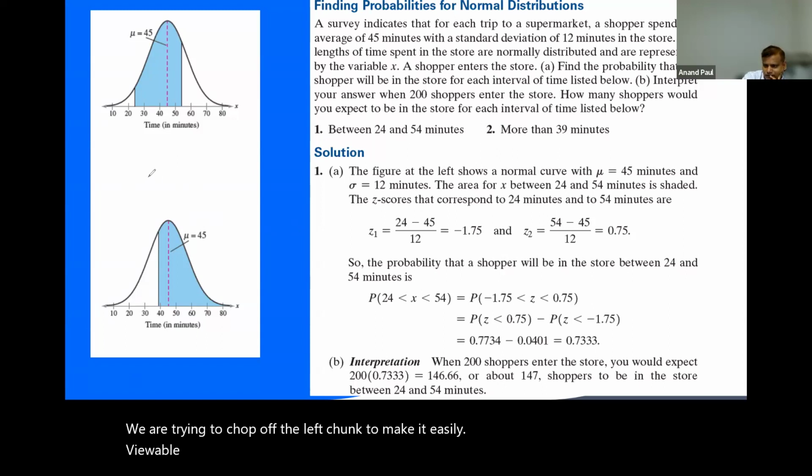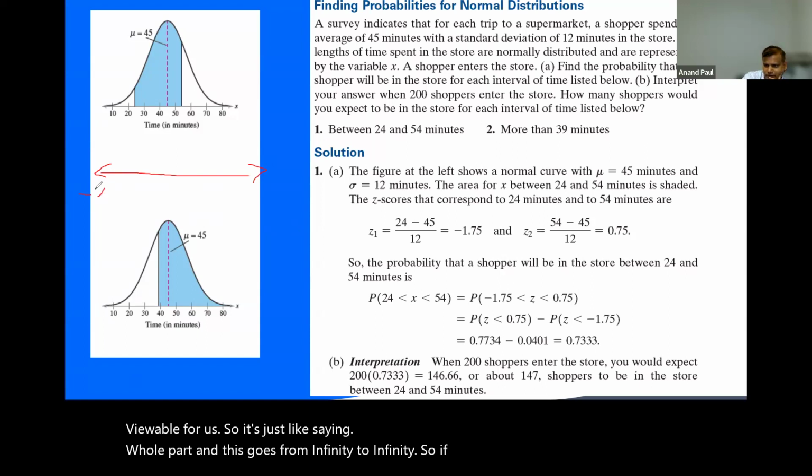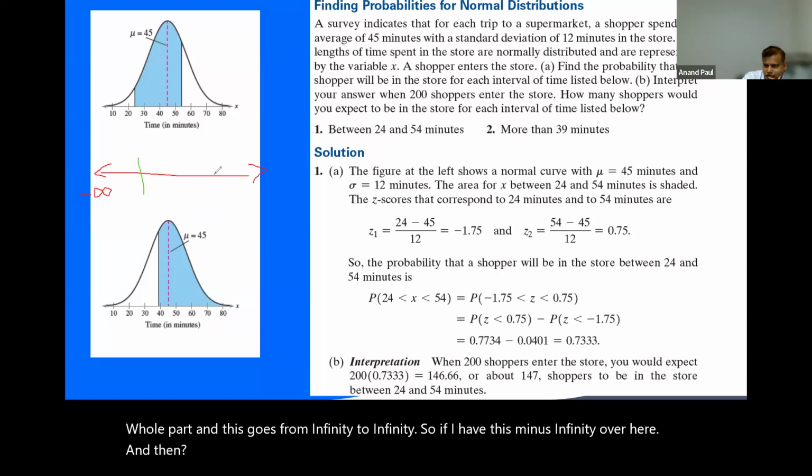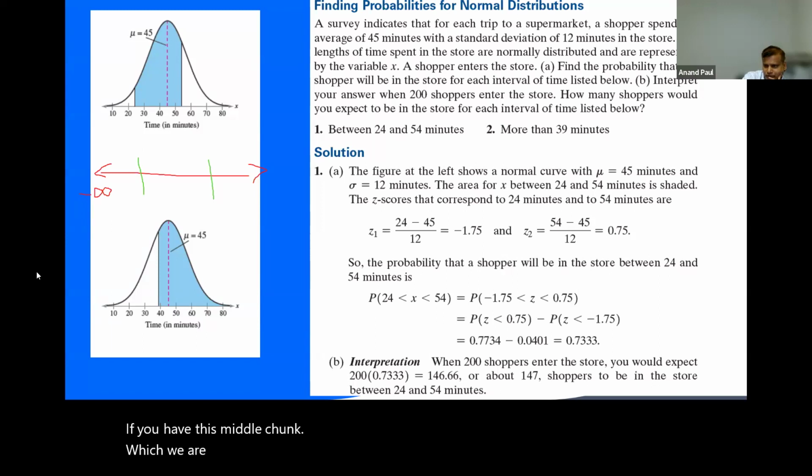It's just like saying we have this whole part that goes from minus infinity to infinity. So if I have this minus infinity over here, and then this middle chunk which we are interested in, and say this is minus 1.75, and this is 0.75.